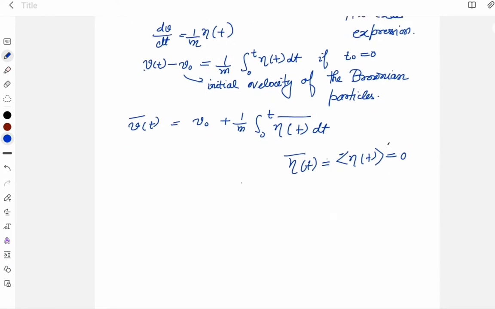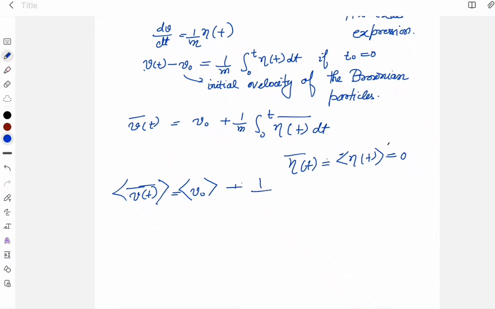The first moment of this noise is 0. Now we are left with Vt bar equal to V0, and now let us do the average over all initial conditions.